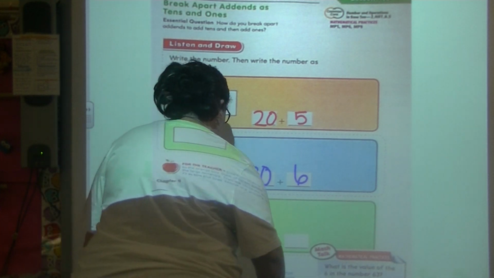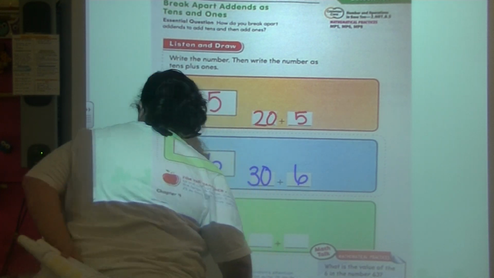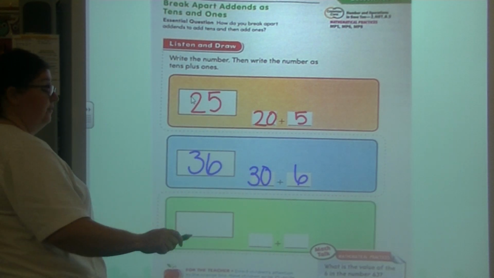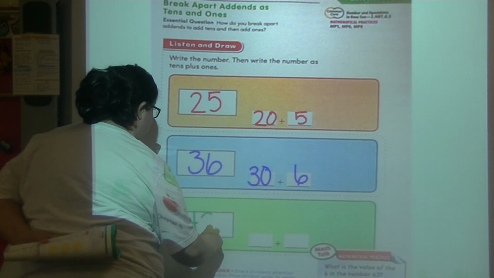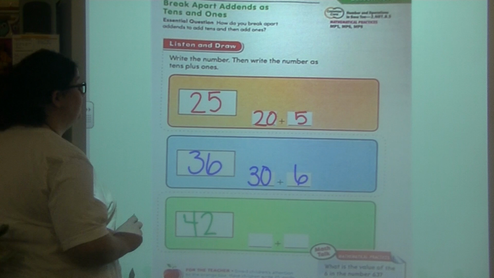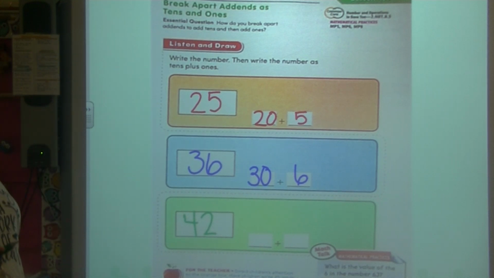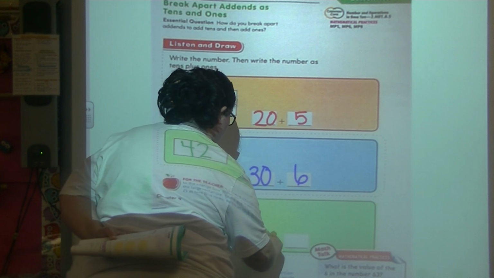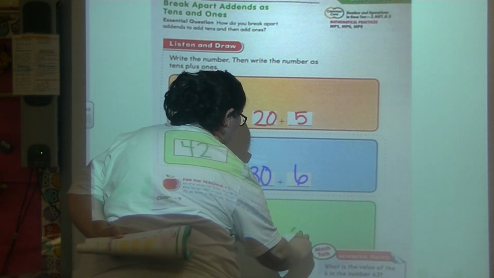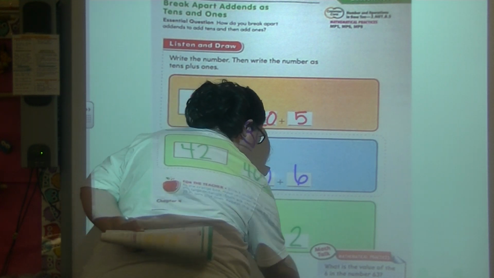Okay, so 42 is made up of 4 tens and 2 ones. So now when we write the value, 4 tens is 40 plus 2 ones is 2.